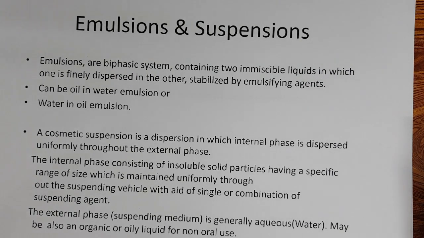It contains two immiscible liquids in which one is finely dispersed in the other, stabilized by emulsifying agents, right? For example, oil and water. We will go into the emulsion systems in detail when we discuss emulsions and suspensions, and how emulsions are formed.